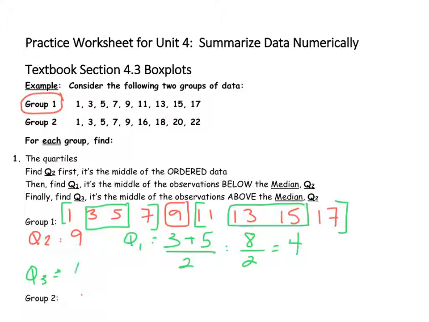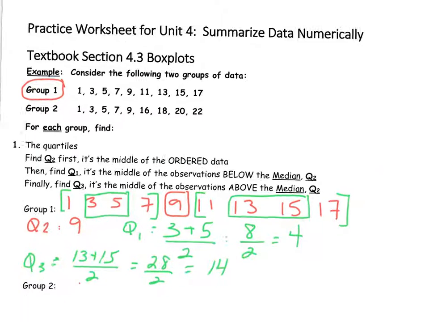I'll be adding the middle numbers, 13 plus 15. Let me fix that. There we go. And divide it by 2. So I have 28 divided by 2, which is 14. I found my quartiles. Those are 3 numbers in what's called the 5-number summary.